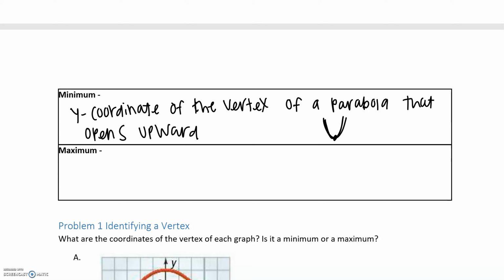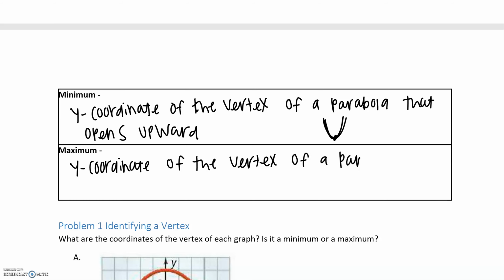And a maximum is going to be the y coordinate of the vertex of a parabola that opens downward. So if we have a parabola that opens downward, it's going to have a maximum, and that's going to be at the top of the mountain.